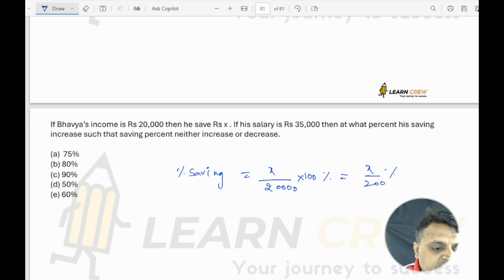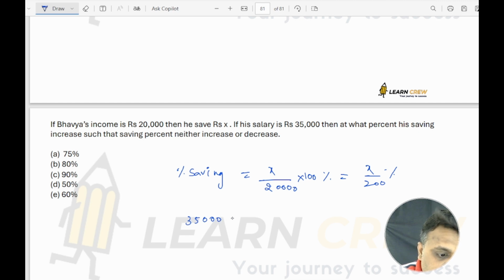So the saving percentage is not changed when his salary is 35,000 rupees. What is given? If his salary is 35,000 rupees, at what percentage should his saving increase such that the saving percentage neither increases nor decreases. So the new salary is 35,000.